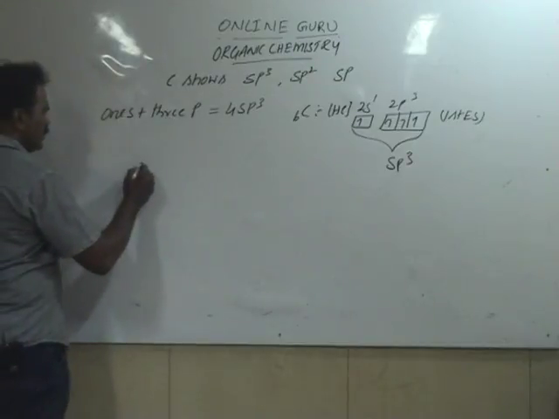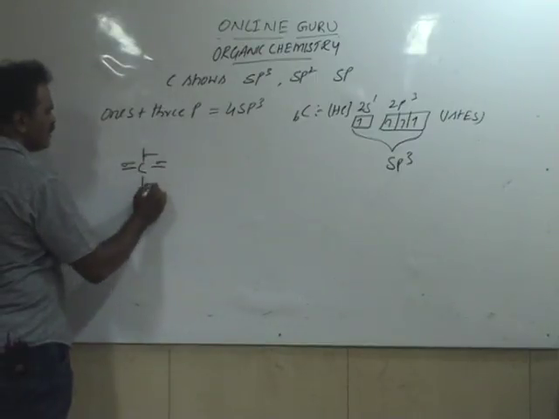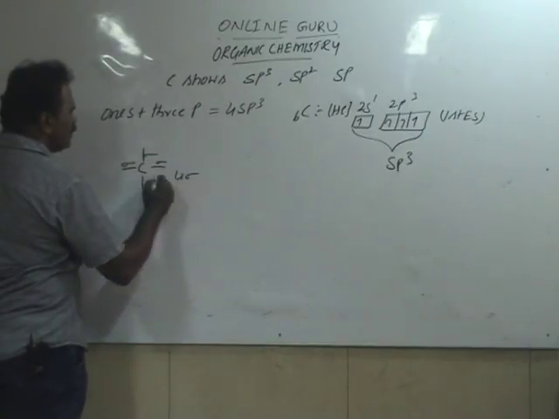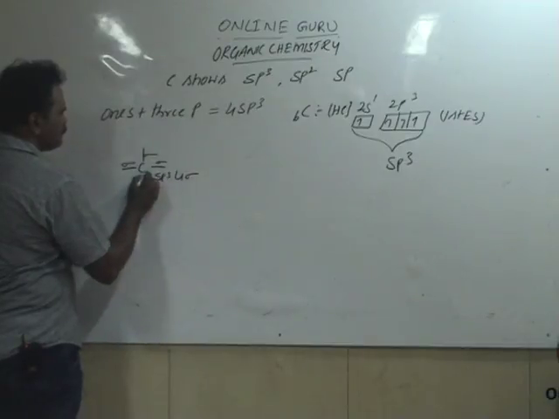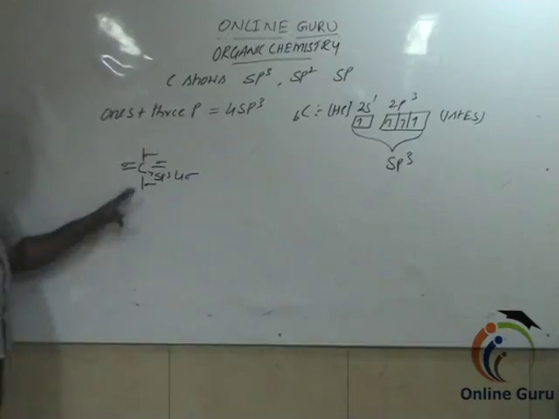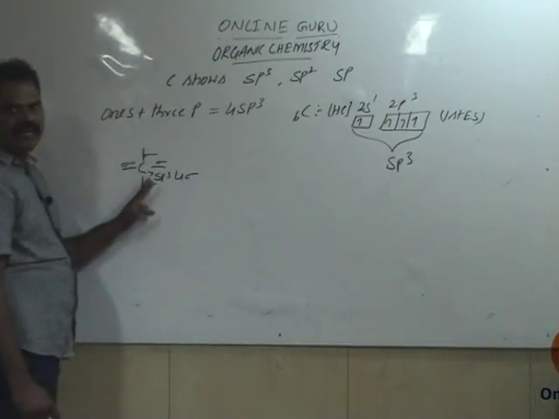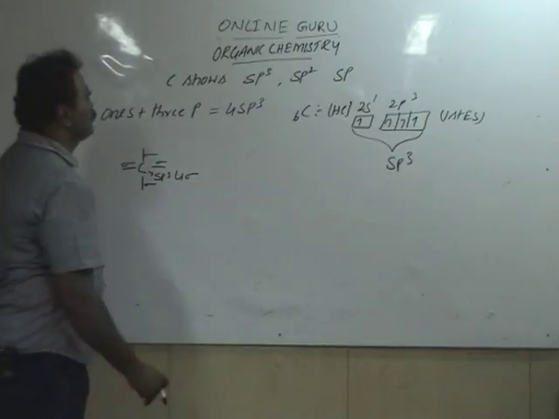That means the carbon atom is surrounded by 4 single bonds, or 4 sigma bonds. Such a carbon atom is said to be an sp3 carbon atom.